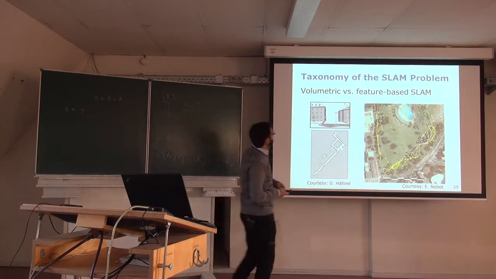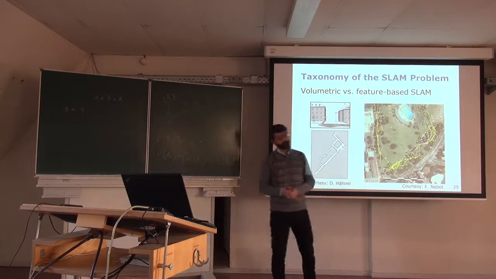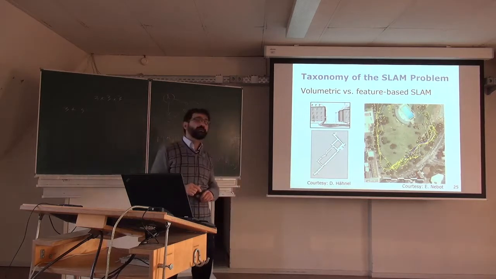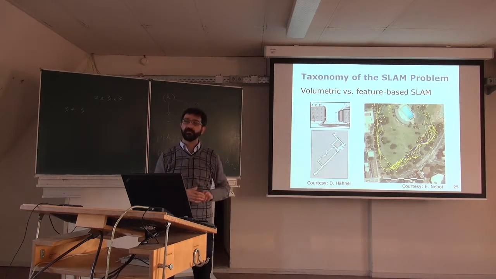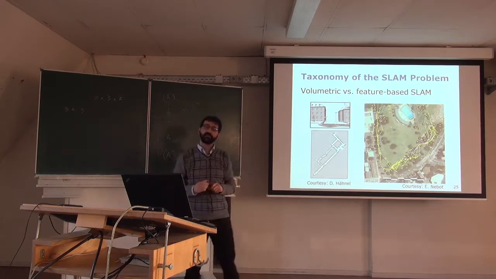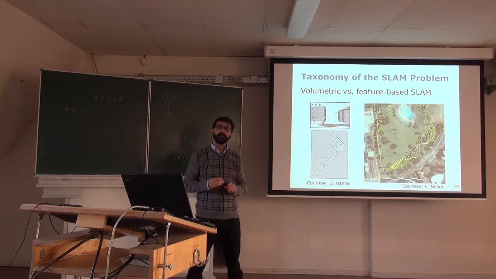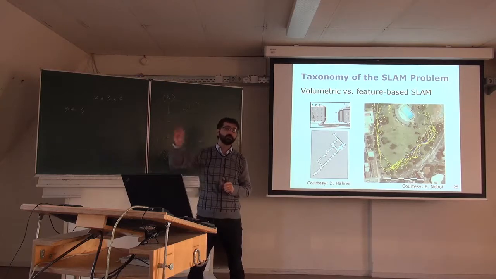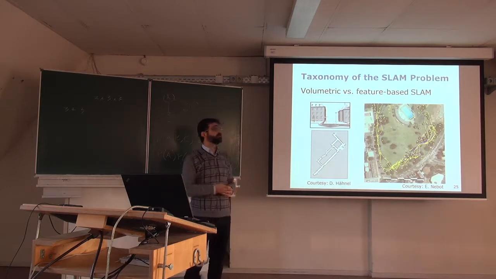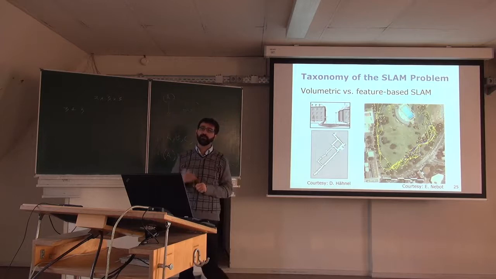On the other hand, there are something called feature-based SLAMs, where they don't care about creating a full dense volumetric representation of the environment, but they just pick up some isolated points in the environment and they try to estimate their location and then also the location of the robot, which is much similar to what people have done at sea, where they were observing the stars and trying to build a map of the sky to be able to navigate overnight, for instance.